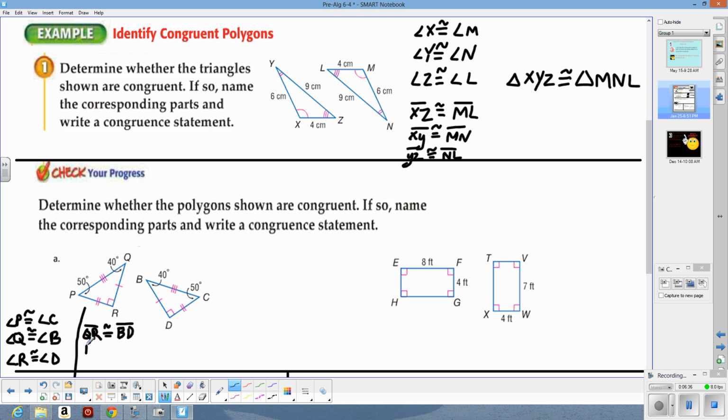PR is congruent to CD. And the last one, PQ, is congruent to CB.